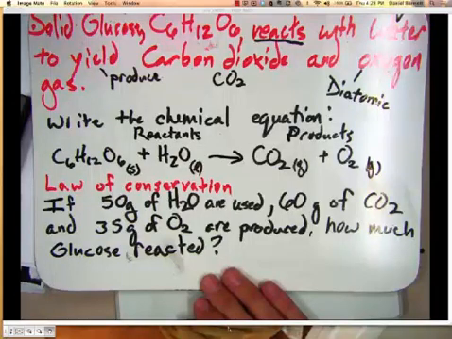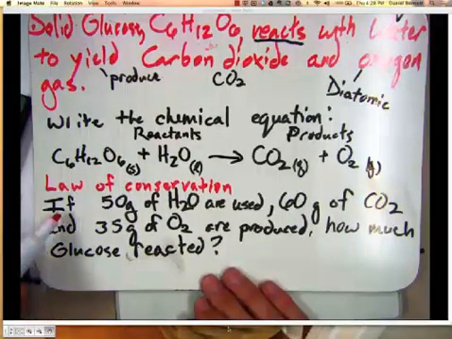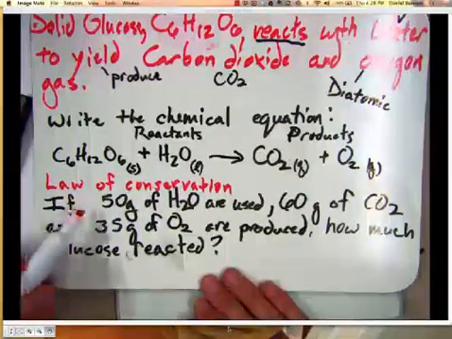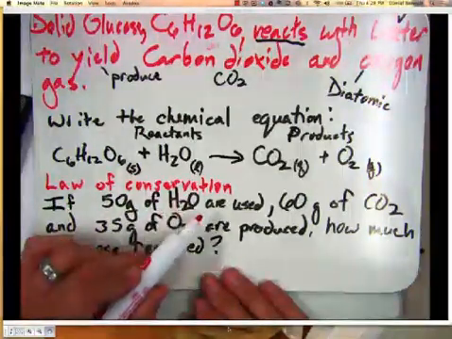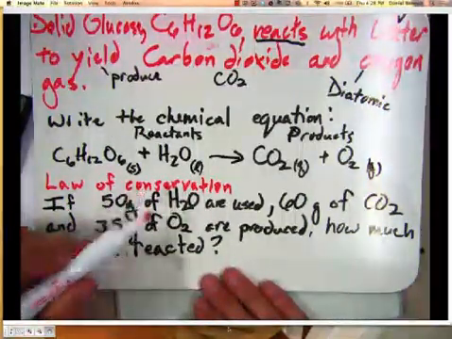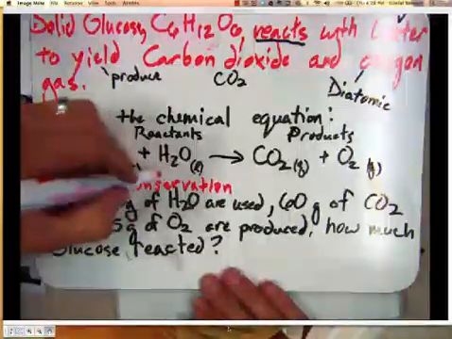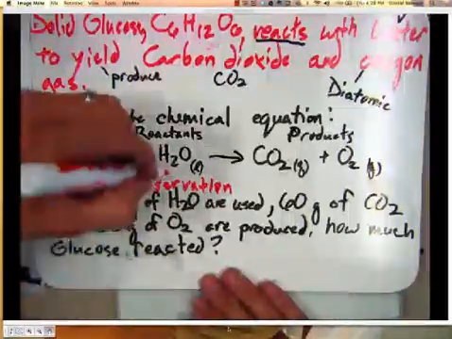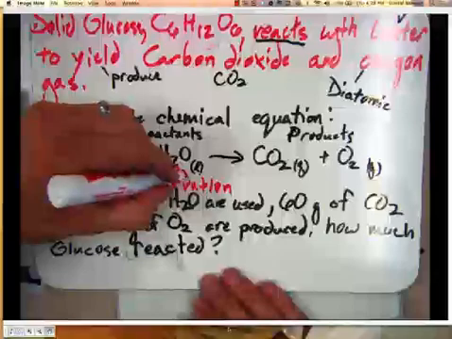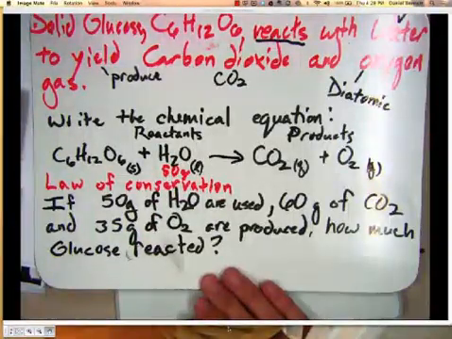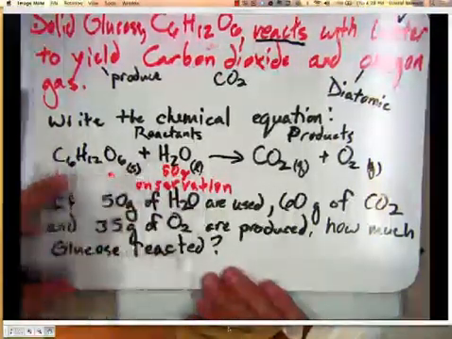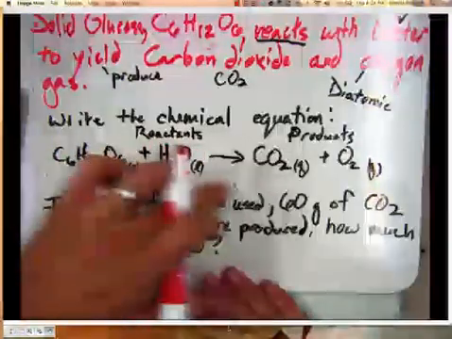So to solve this, I start reading through. It says if 50 grams of water are used. So I go back to my equation up here, and I write the amount, in this case 50 grams, directly underneath the substance. I'm going to erase law of conservation so I have a little bit more room here.